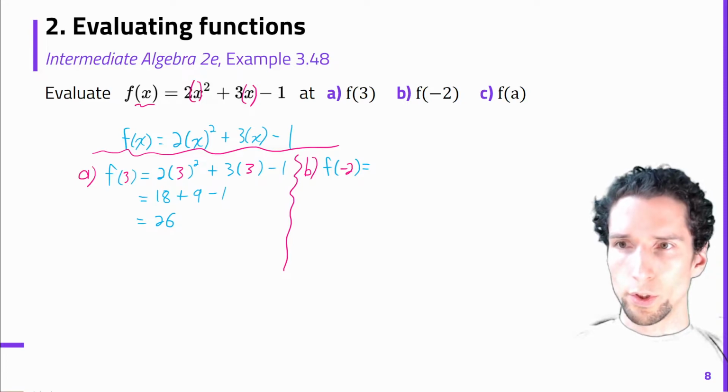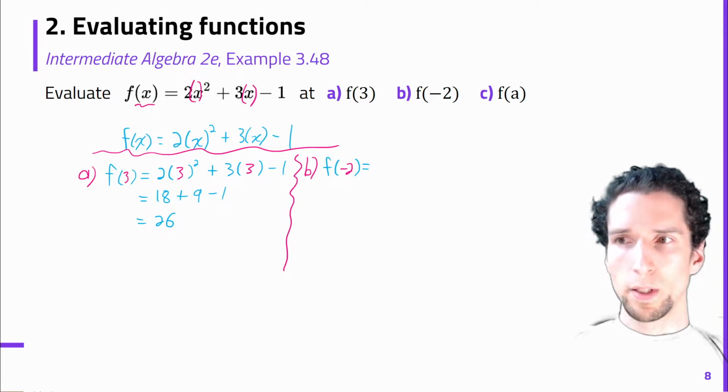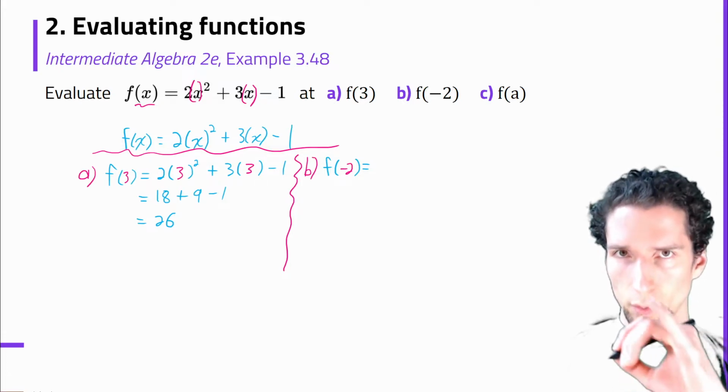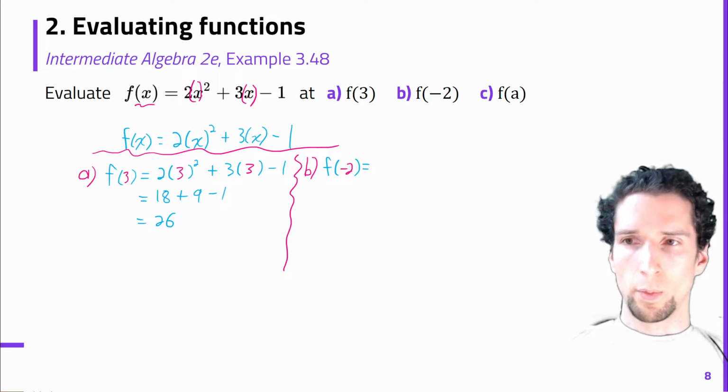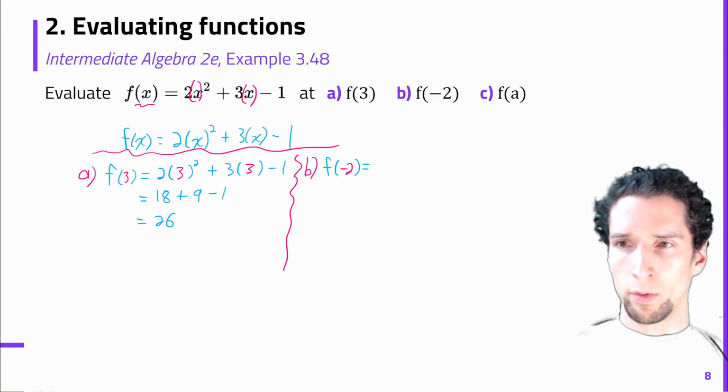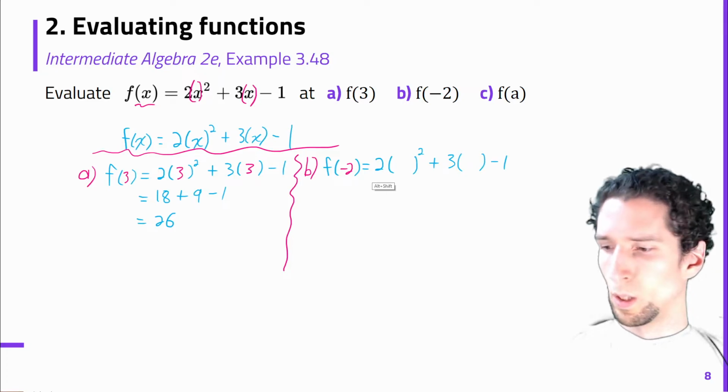This is equal to, we're going to do the same thing, take our original function and inside each pair of parentheses here, we're going to replace that with our value of negative 2. So that's 2, and then I'm just going to put the negative 2 in after, so I don't have to change colors of my pen so much.